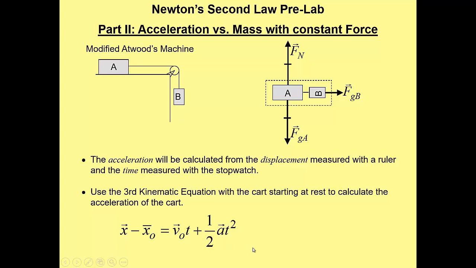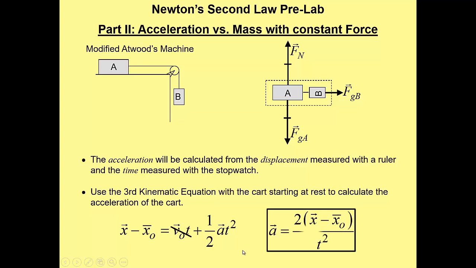In these, they start from rest, when the cord gets cut. That's your 0. That's when you're going to reset your stopwatch, where the cord gets cut. And so that means your initial velocity times your time is 0. That drops out. So if we want to solve for the acceleration, we've got to multiply by 2 and divide by time squared.